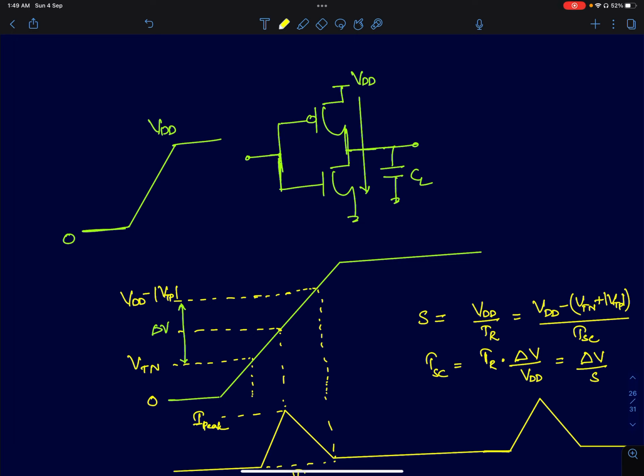The short circuit power dissipation occurs because of finite rise and fall times of the input clock signal. Now we analyzed previously that when the input goes from 0 to 1 or 1 to 0, say for example, if the input is going from 1 to 0, instantly your NMOS will be cut off and PMOS will be turned on.